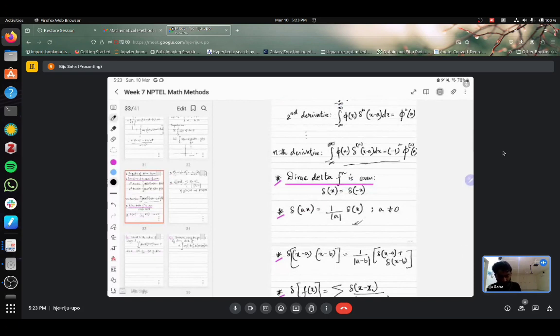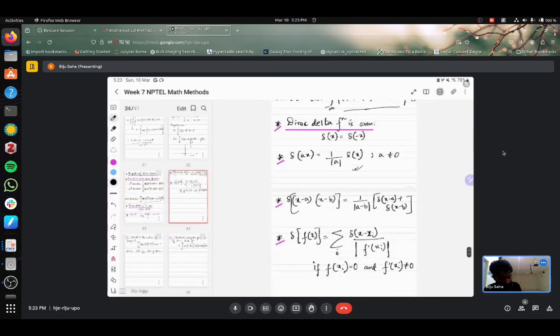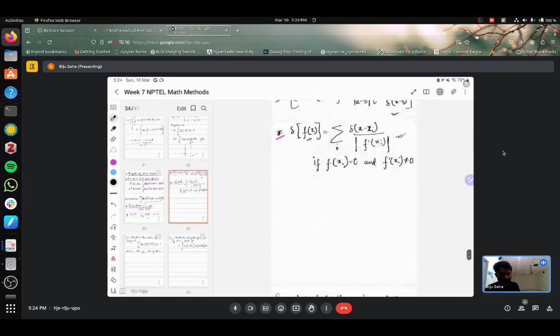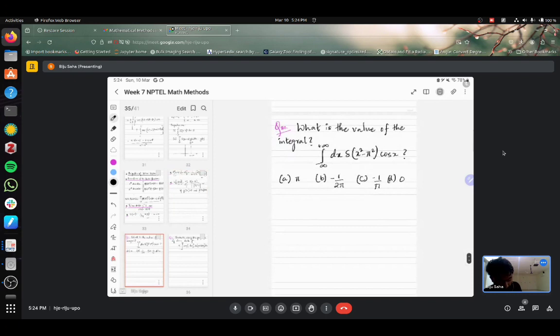This is one more property. The multiplication of (x minus a) and (x minus b) as an argument in the Dirac delta is given as this, and some general function f(x) present as the argument of the Dirac delta can be written as this. With some examples this will be much more sensible to look at.